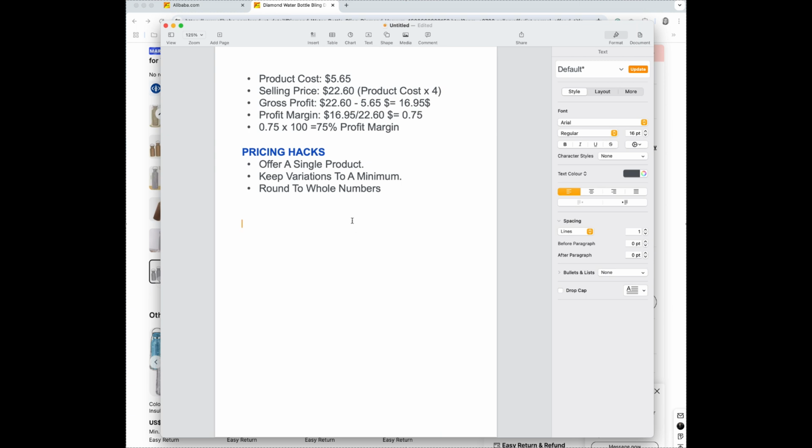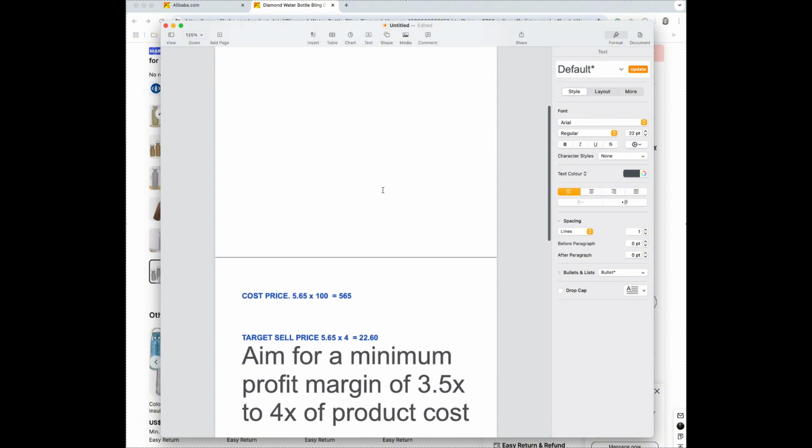And like I said previously, you can go either 22.60 or you can round it up to 23. So it gives less hassle for you. You can easily calculate your income or how much sales it was. So rounded prices or rounded numbers are always better.